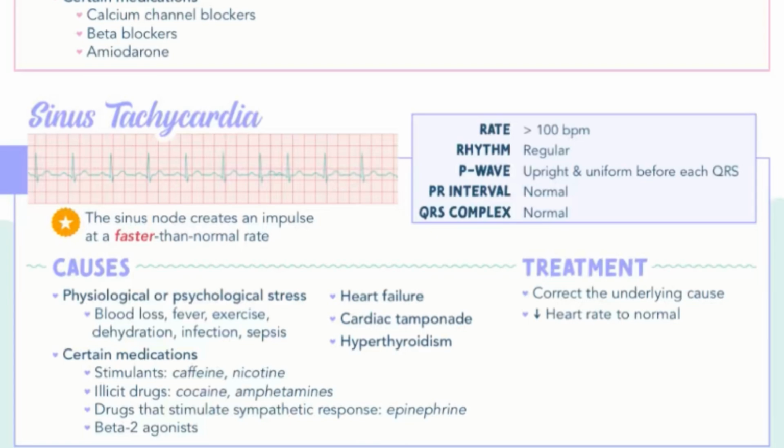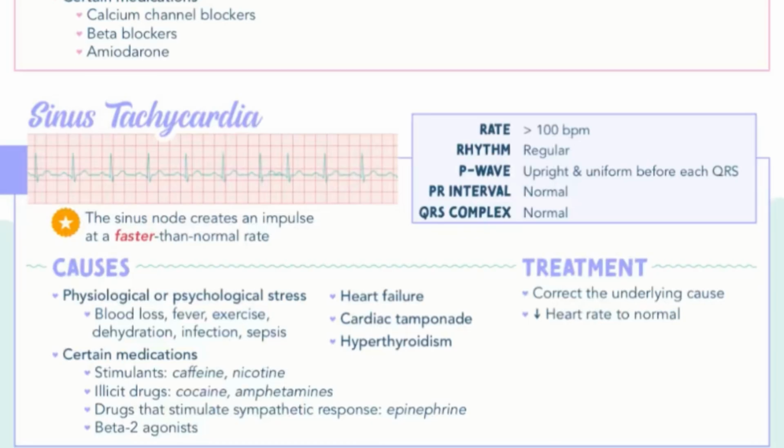Apart from that, certain medications such as stimulants, caffeine, nicotine, and some drugs, cocaine, amphetamines, and others like epinephrine and beta 2 agonists, for example albuterol, levosalbutamol, can lead to sinus tachycardia. So treatment here is just to treat the underlying cause, which decreases the heart rate to its normal level.